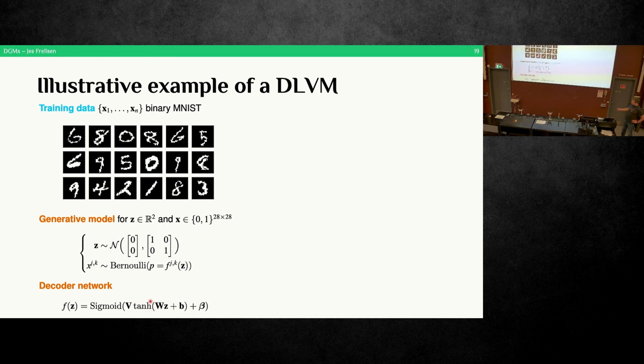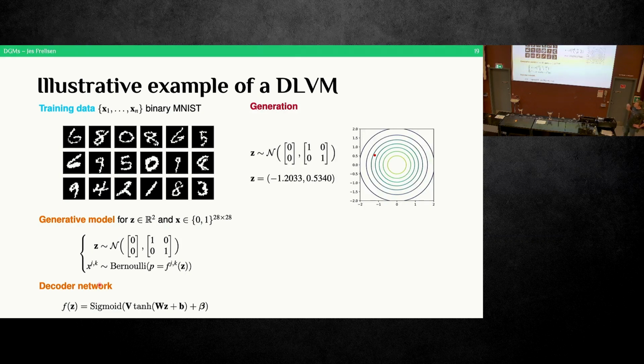It's a linear layer with a tanh activation function, and then another linear layer, and then a sigmoid activation function, because we want to make sure that we get values out that are valid parameters for a Bernoulli, and valid parameters for a Bernoulli are values between 0 and 1. By the way, I think this is the network that they used in the original VAE article for the example. So even though it's a very simple network, it actually works.